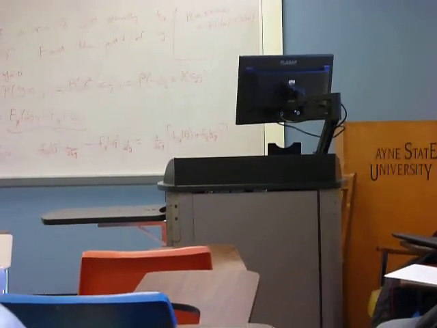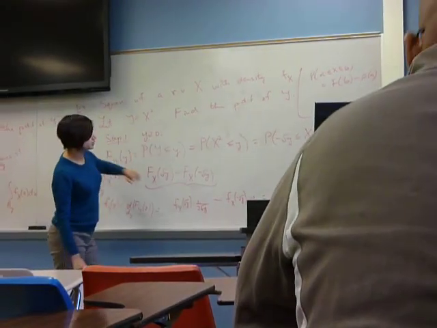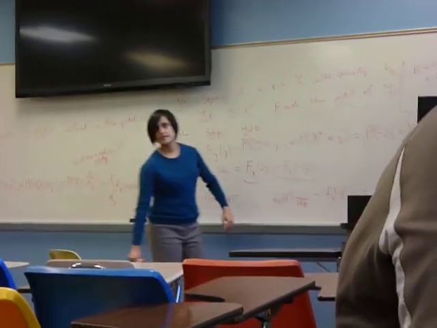If you want, you can plug in the density function for any of your known distributions. You can take x to be uniform, normal, or exponential, and you will see that the distribution of x squared is given by that.